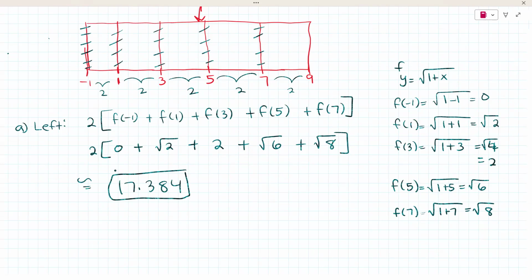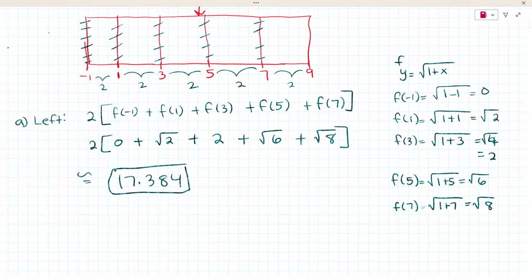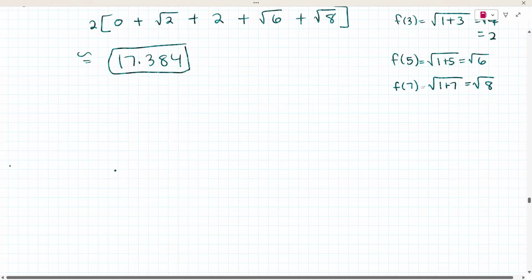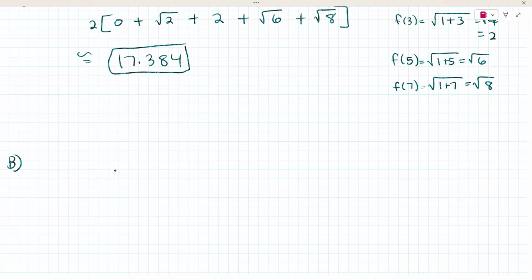Now we have to do the right side. Okay, so we're doing part B. Draw your rectangles again.